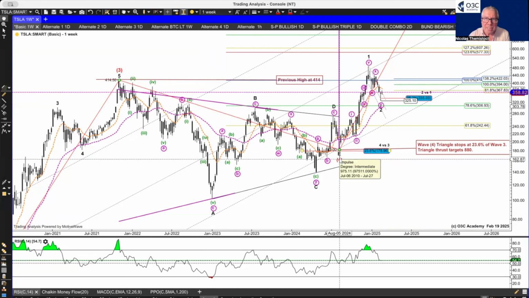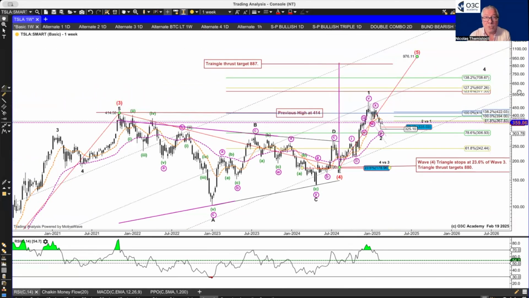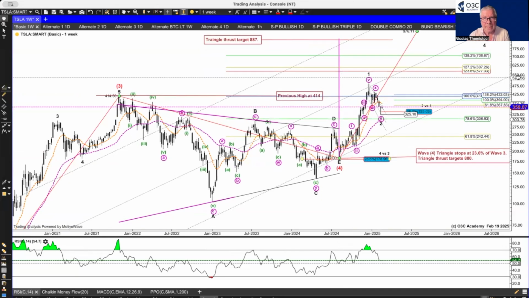So it kind of fits that it might be wave E of the triangle of wave 4. And of course, you remember in the last video I did on triangles, after a wave 4 triangle, there's usually a thrust out of that triangle, and you can measure using Elliott Wave techniques how much of a thrust out of the triangle there'll be.